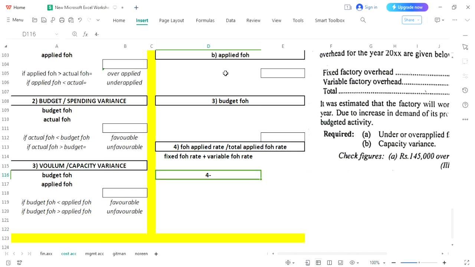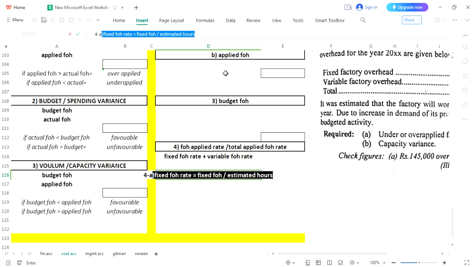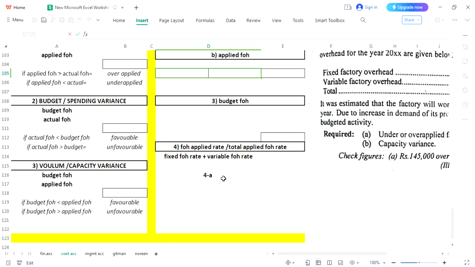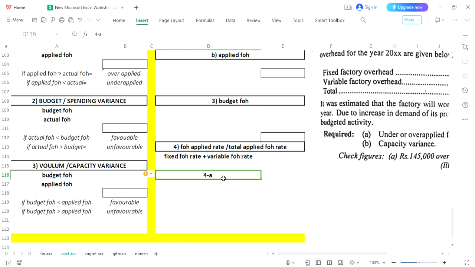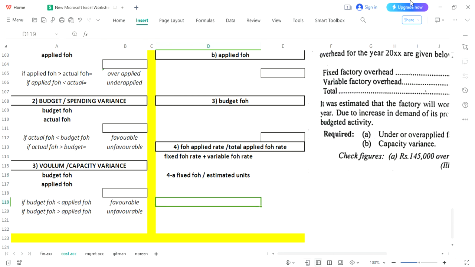It would be considered as 4A, and the fixed FH rate you will calculate by dividing fixed FH by estimated budgeted hours, or estimated units, and units are also called hours. This way 4A will be completed.